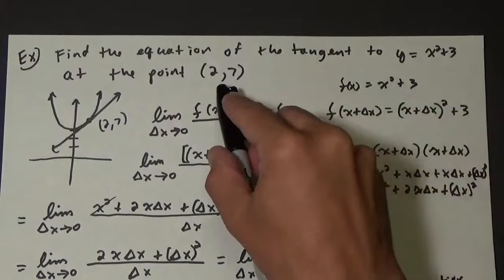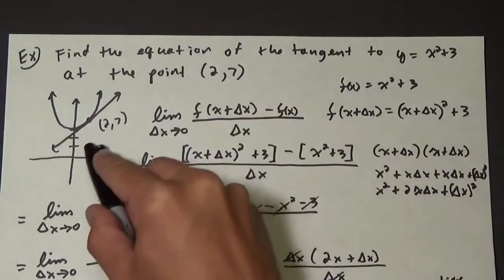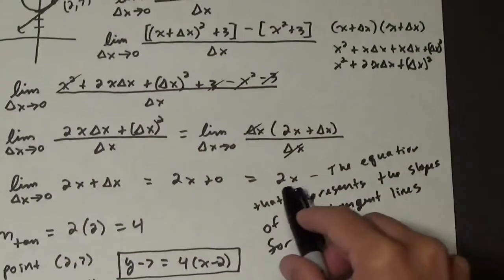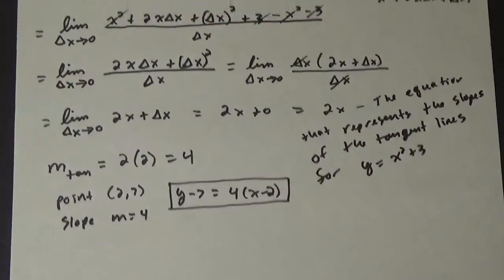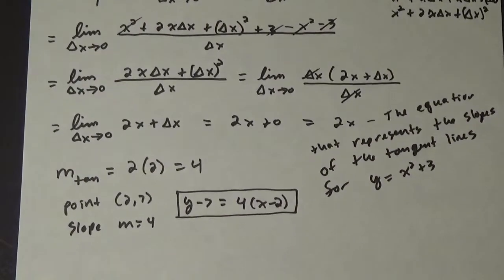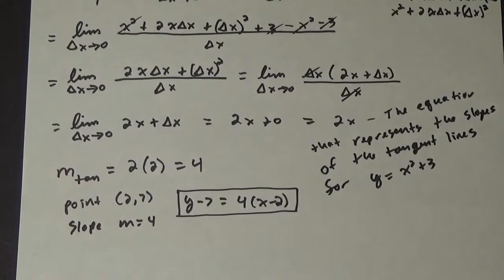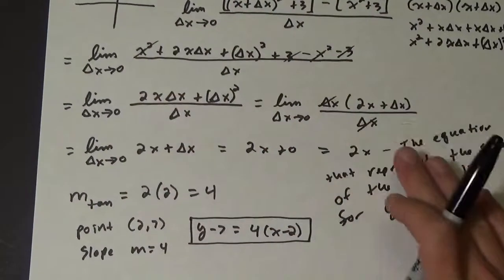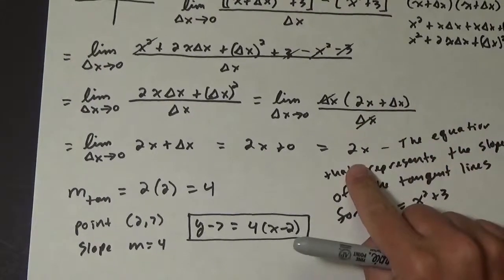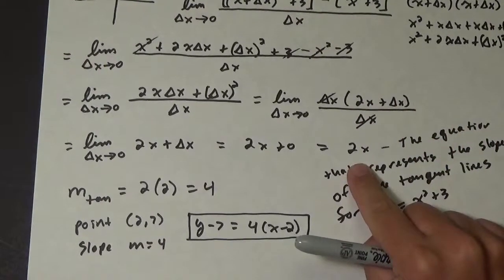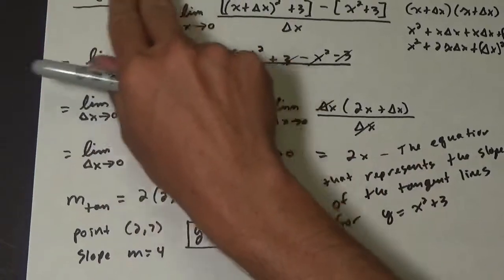We then were able to take the x value of our point, 2, because that's what it required. It said 2x, so we put in that x and we got 4, and we were able to find that slope of the tangent line. Okay, now even though this was quite a process, one of the nice things is once we have this process done, this equation represents the slope for any point.